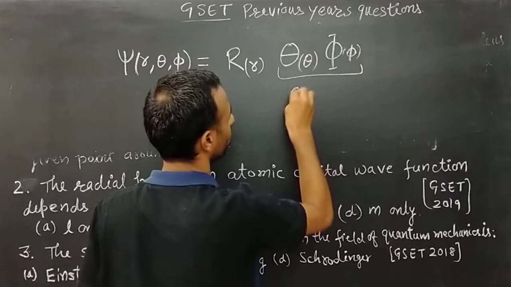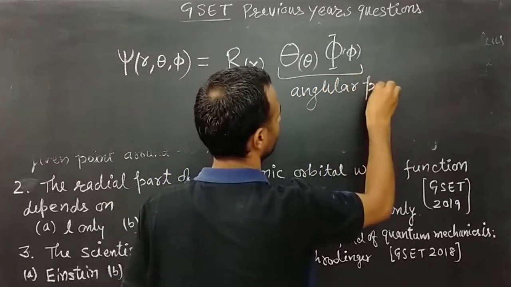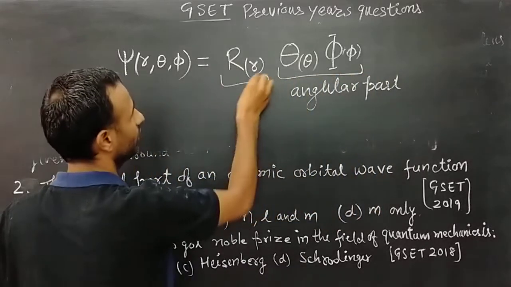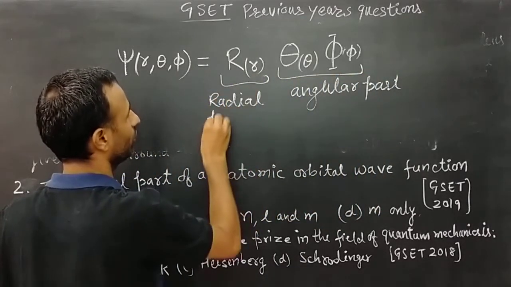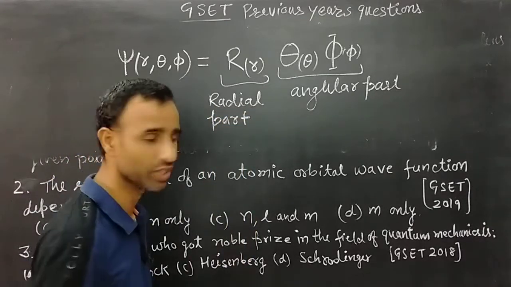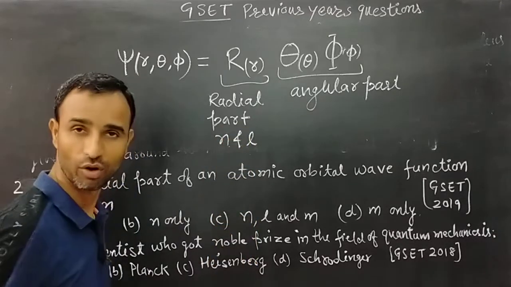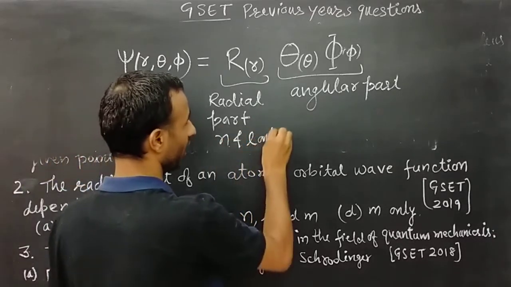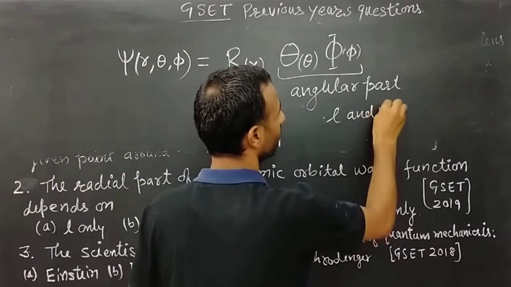These are angular part of atomic orbital, and this is a radial part. Actually, radial part of atomic orbital wave function depends upon n and l only, and angular part depends on l and m only.